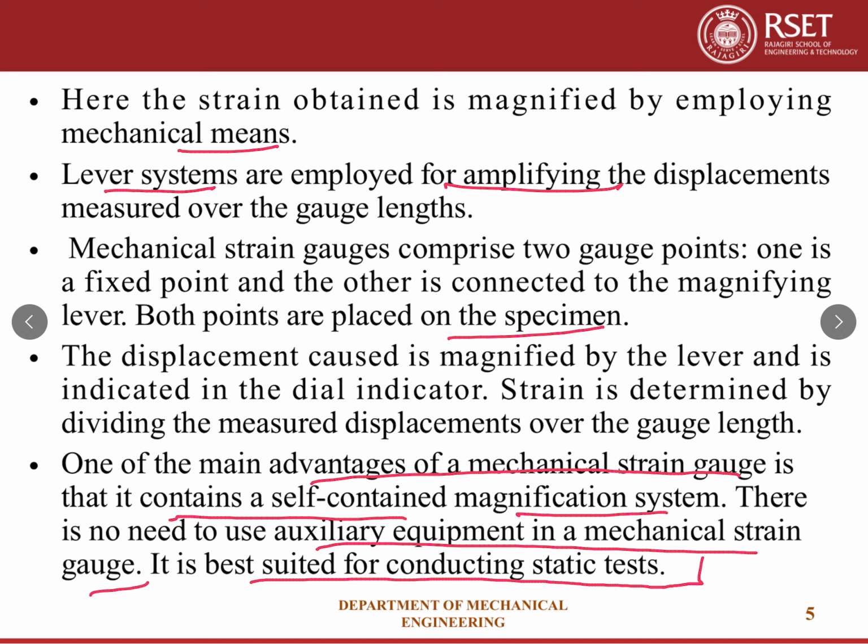It consists of a lever mechanism to amplify or magnify the displacement. Here, one of the advantages is self-contained magnification system, because it doesn't require any additional equipment or auxiliary equipment for amplification or magnification of the displacement. And it is suitable for conducting static test.